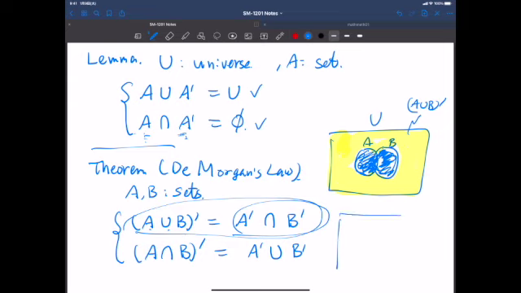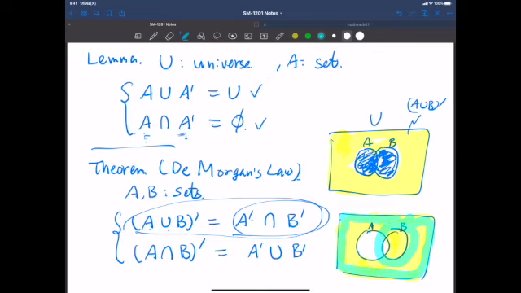And the right hand side: A complement is everything outside A, and B complement is everything outside B. Their intersection is where?